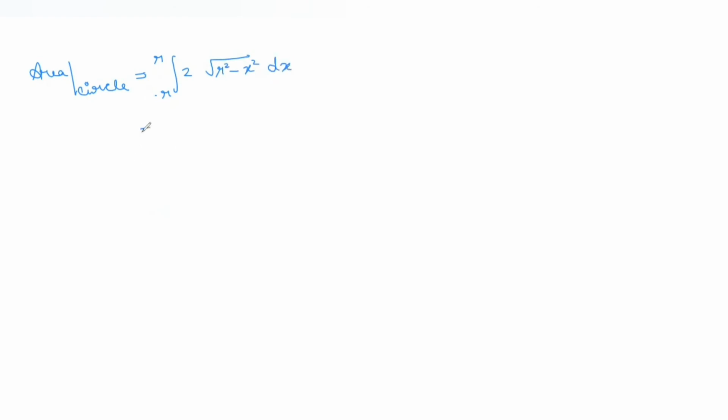Now this is a very general and standard integrating expression. I'm sure you might know how to solve this. So we'll move further. It gives x upon 2 under root r square minus x square plus r square upon 2 sine inverse x upon r, with lower limit minus r and upper limit r.